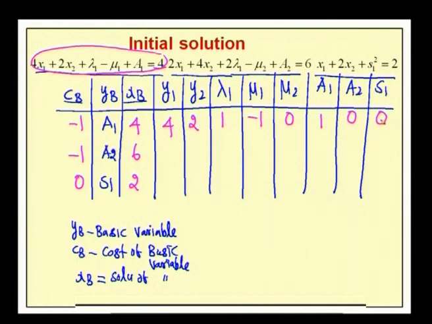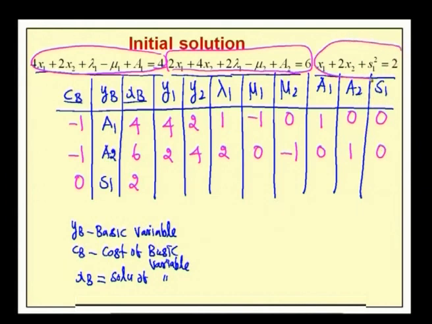Now, consider the second constraint: 2x1 plus 4x2 plus 2 lambda 1 minus mu 2 plus a2 equal to 6. We have the values 2 for y1, 4 for y2, 2 for lambda 1, there is no mu 1 therefore 0, for mu 2 the coefficient is -1, there is no a1 so 0, for a2 the coefficient is 1, there is no s1 so 0.